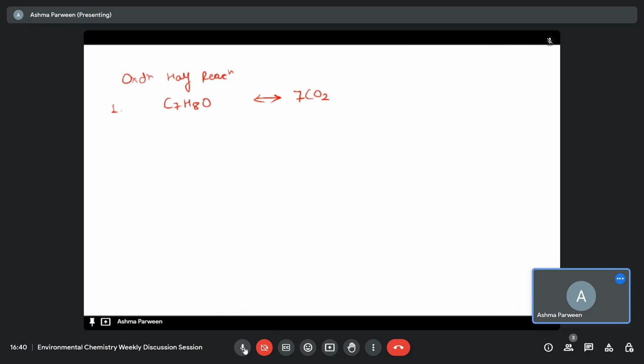So we will add 13 H2O. Next we'll balance the number of hydrogen atoms. So it is 13 to 26 plus 8. And finally we will balance the charge. The charge is 0, so it will be 34 electrons.